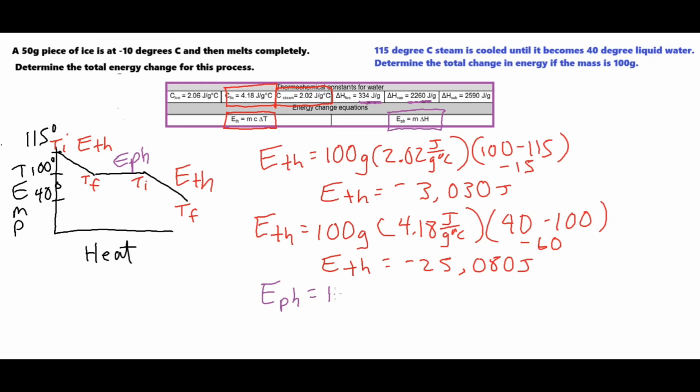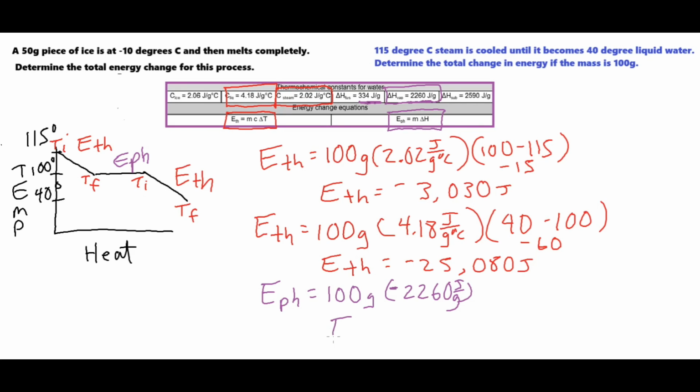All right, now our EPH calculation. We have a mass of 100 grams still, and then we want to find the proper delta H. This time we are using the delta H of vaporization, also known as the enthalpy of vaporization, and this one is going to be 2260 joules per gram, but because the temperature is dropping and it is condensing, it's going to be a negative change because it's going to be releasing energy into the surroundings as it is cooling and changing phases in the downward direction on our graph.